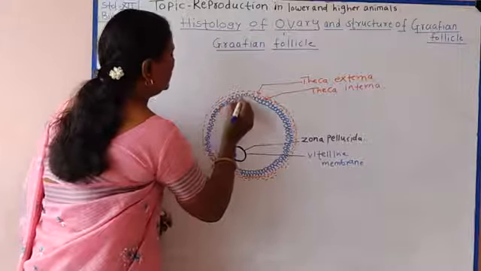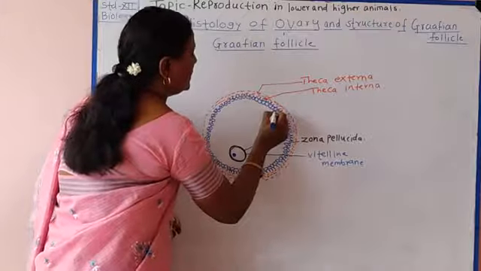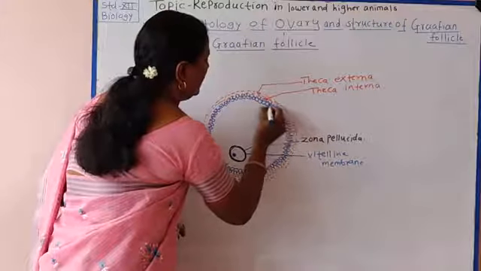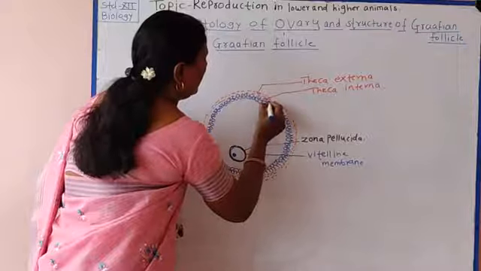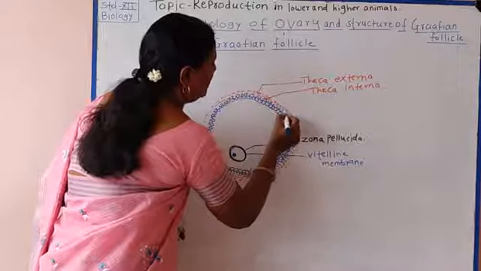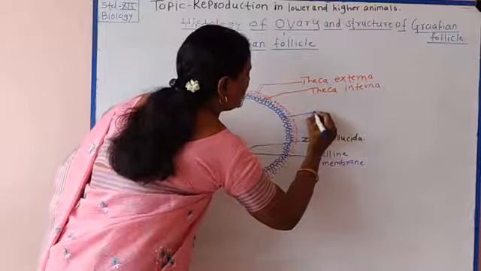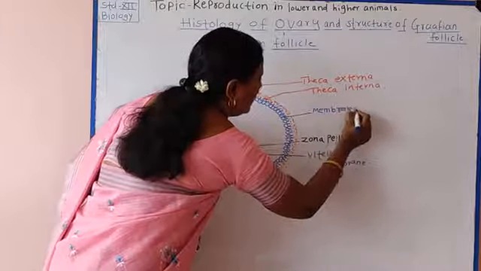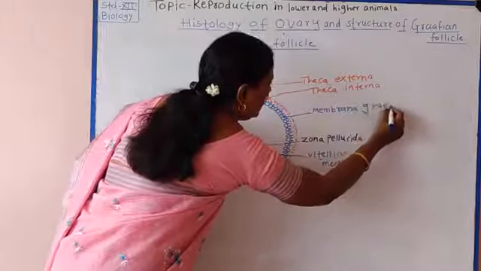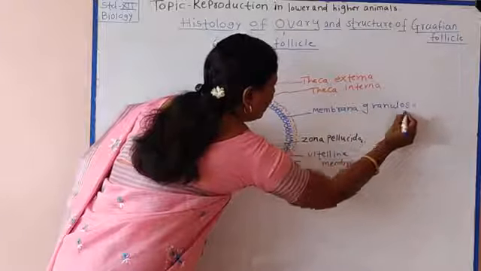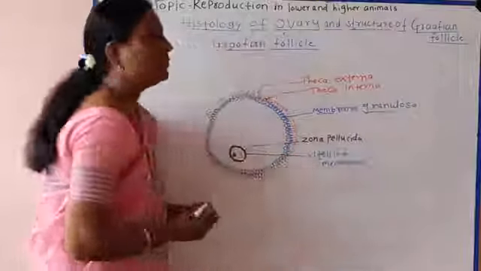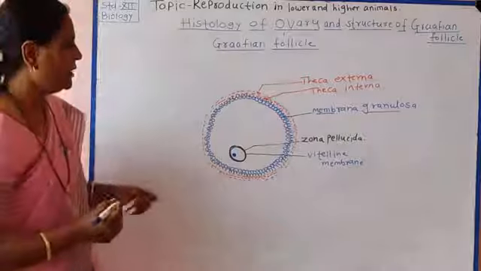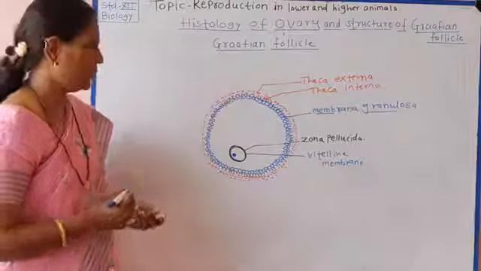So this layer we can see here in the label, that is the membrana granulosa cells. Remember this name: membrana granulosa are the follicular cells which secrete the hormone estrogen.